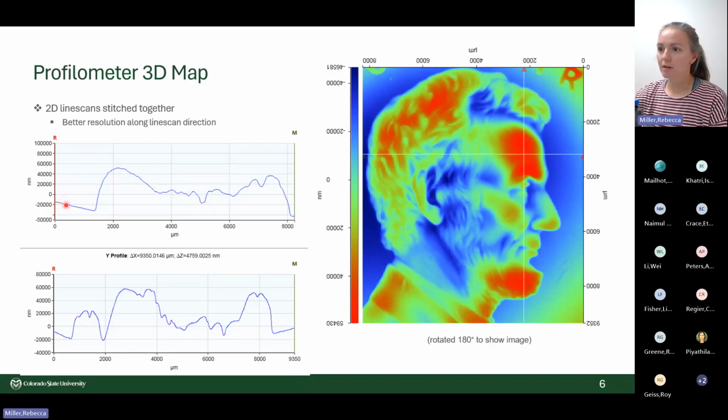So for example, this top one here was one of the line scans measured sort of up and down the white line here. And then at that point for each of the line scans, the data points stitched together on this horizontal white line correspond to this. So you can kind of move this crosshair around to view each of these sort of X and Y components of the data set. That's all I have really for the profilometer.